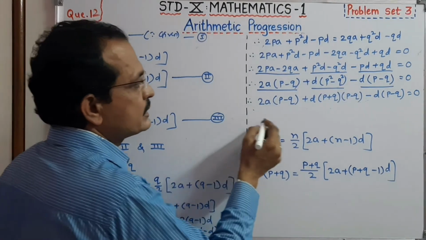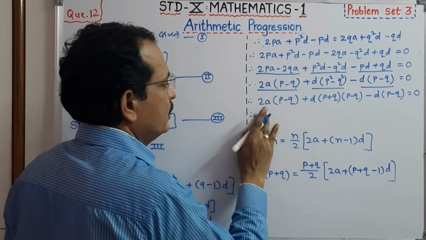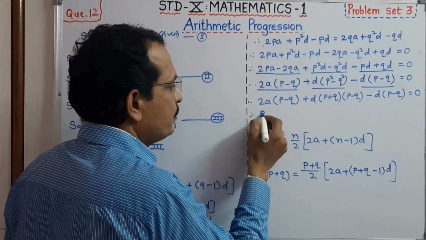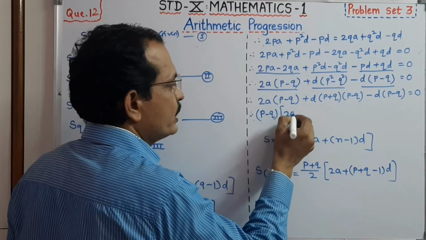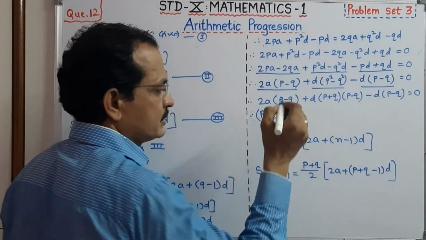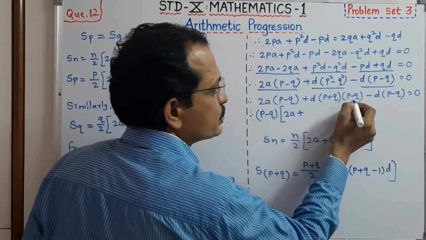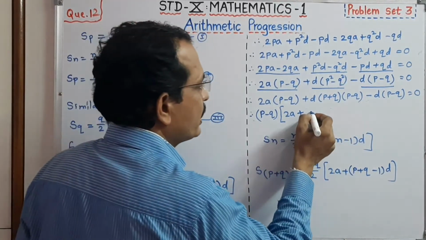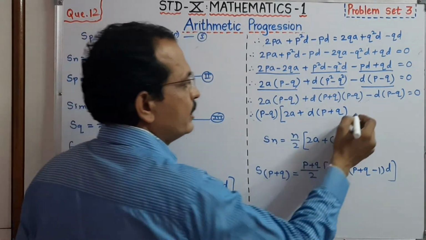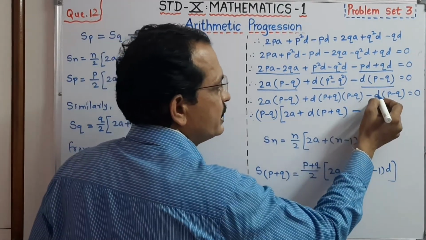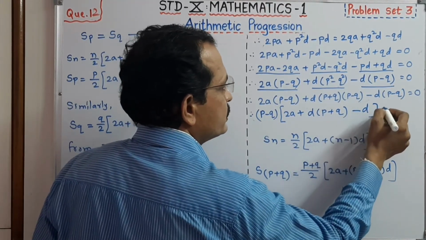Now dear students, see here, we can write 2a, we take out p minus q as a common, therefore in bracket it is 2a plus, here this p minus q is common, therefore we write d into p plus q minus here this d into p minus q is equal to 0.